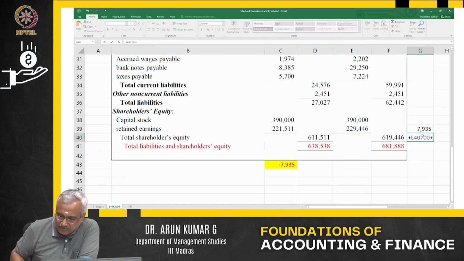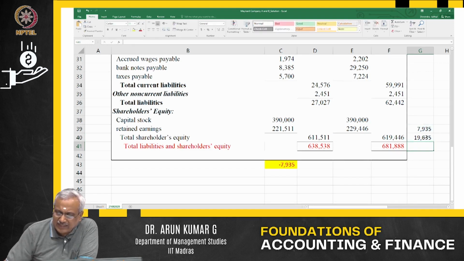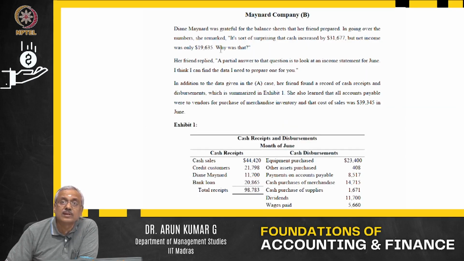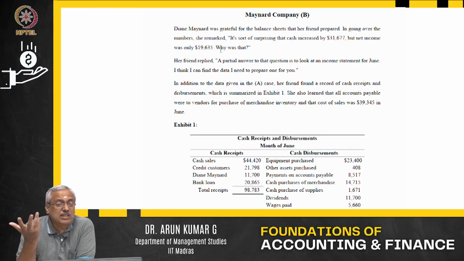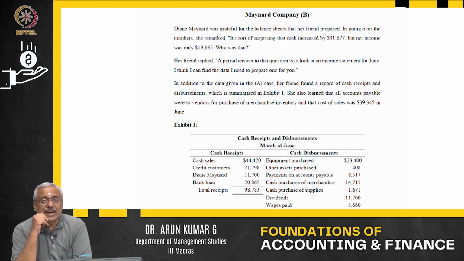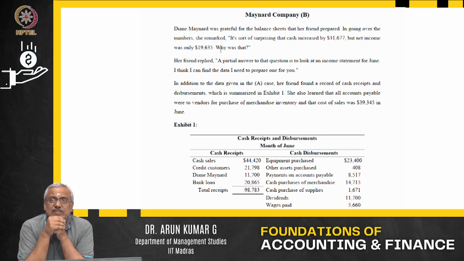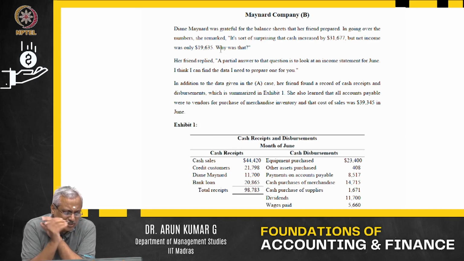That is the exact amount they have taken. So the cash has increased, but the profit has not increased. The increase in cash is 31,677, whereas the profit is only 19,635. So she is a little amused.